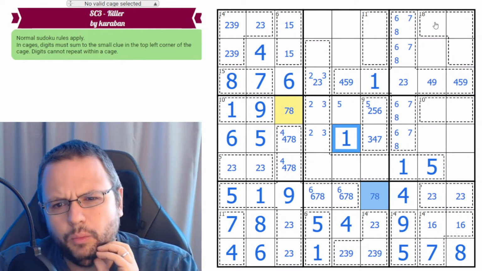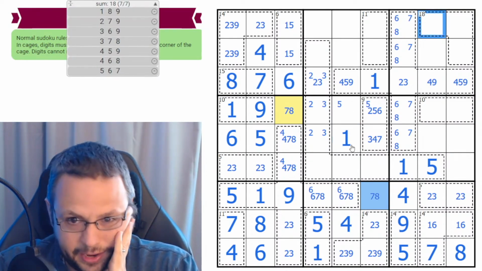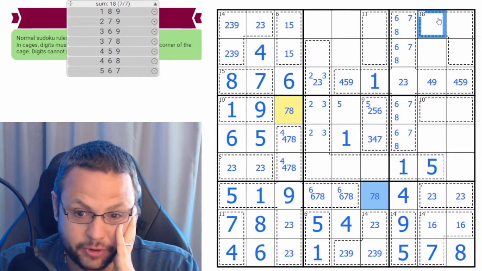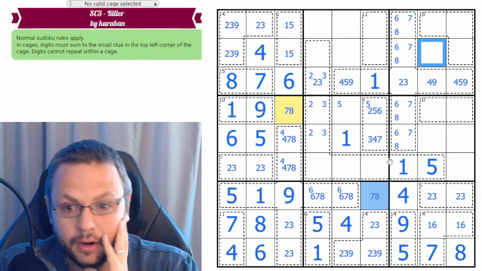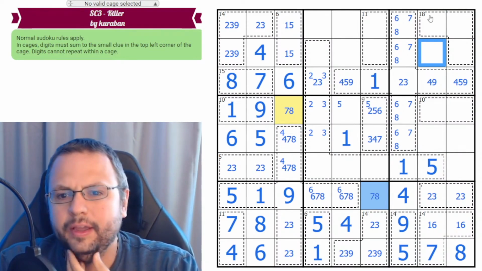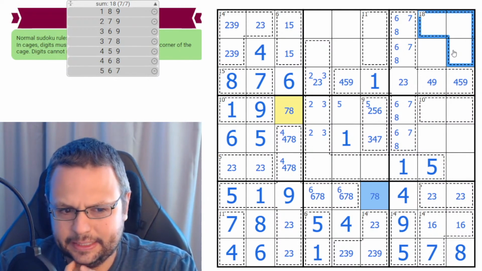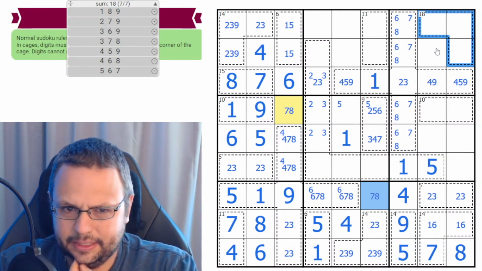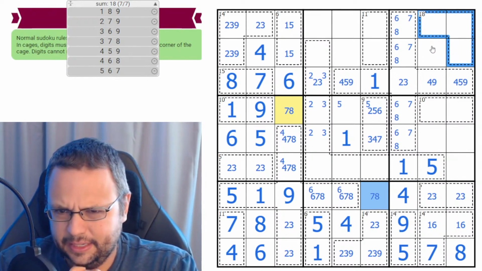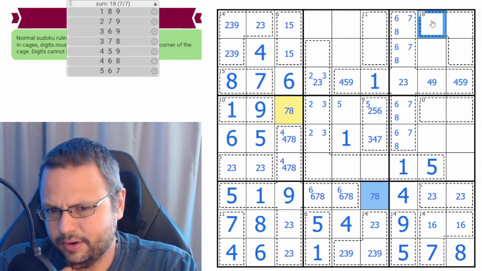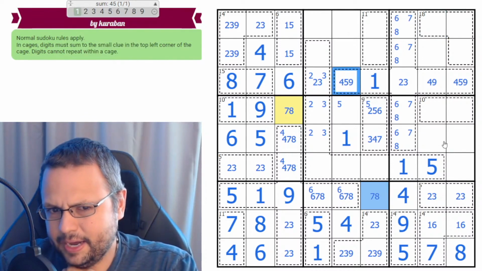So if there were a 1 in this cage, it would need to be 1, 8, 9 exactly, because I'm trying to place 1 here, is what my hope is. Is there a reason this can't be 1, 8, 9 exactly? The 8 would have to go here. That would have to be a 9.